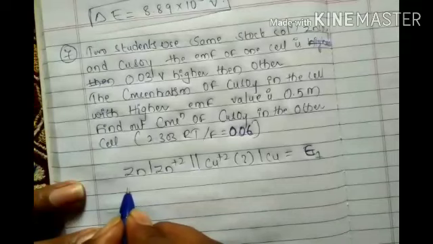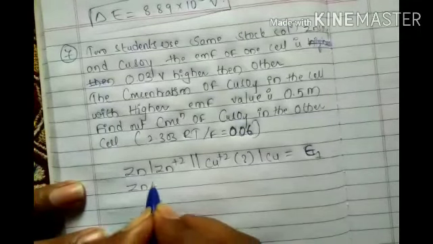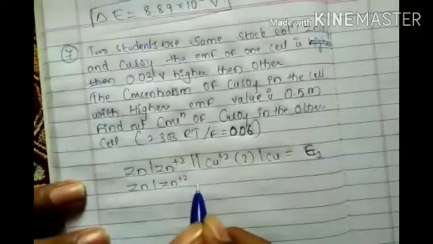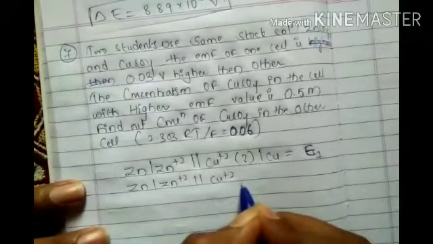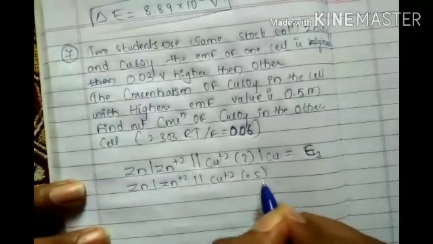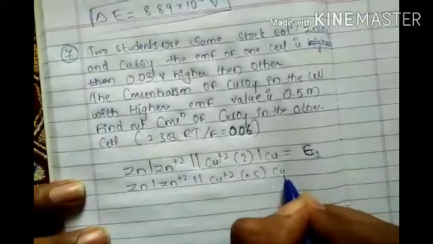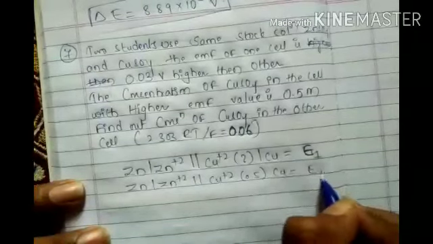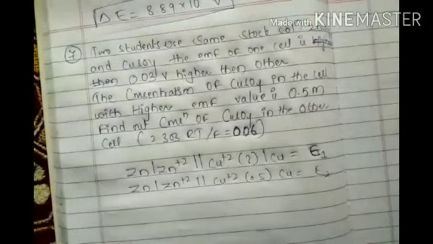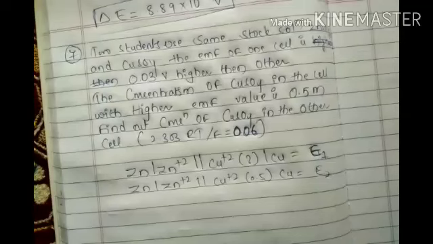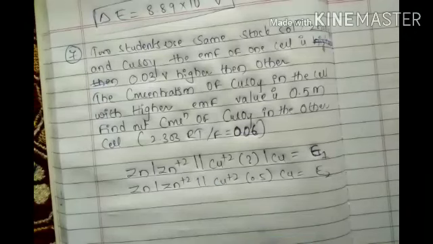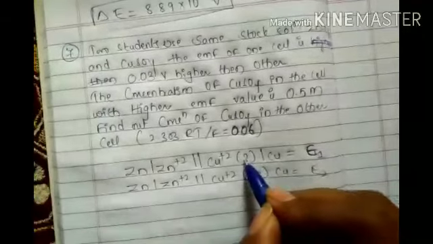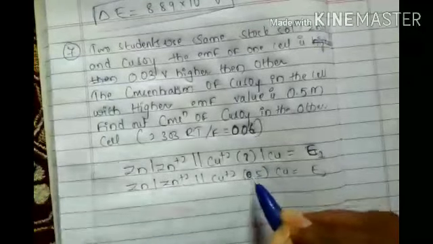Then Zn, Zn plus 2, Cu plus 2 with 0.5, then Cu, equals E2. According to our question, we have two representations: one has higher volt and one has higher concentration. Here we don't know the concentration, but here we know the concentration, 0.5.